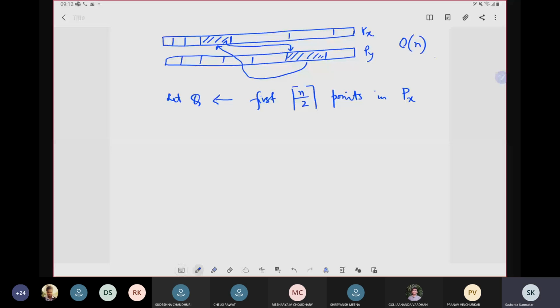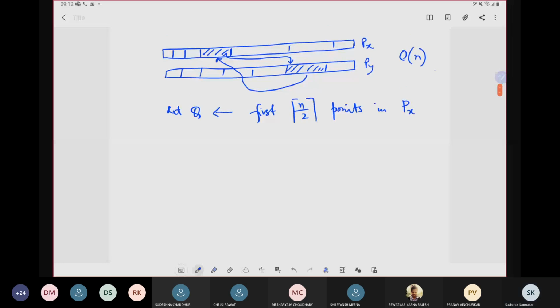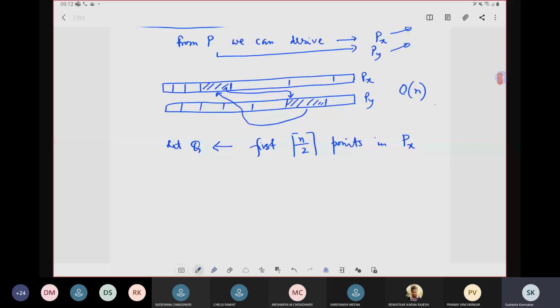So what is this? Set-wise, P, Px, and Py are all the same, but ordering-wise, they are all different.